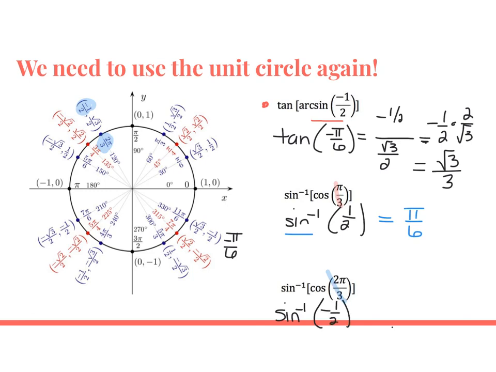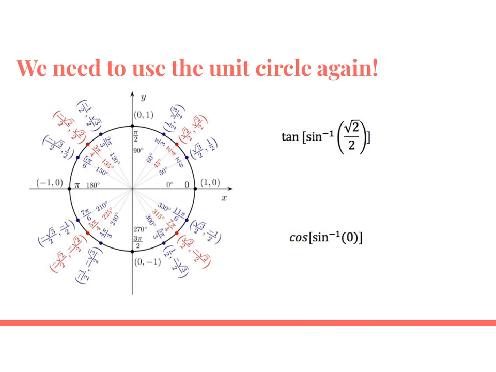We want to find the inverse sine of negative 1/2. Remember, sine is a y value. So we're going to go down here to find a y value of negative 1/2. We want to make sure we answer the question in our principal root. So our answer is negative pi over 6.